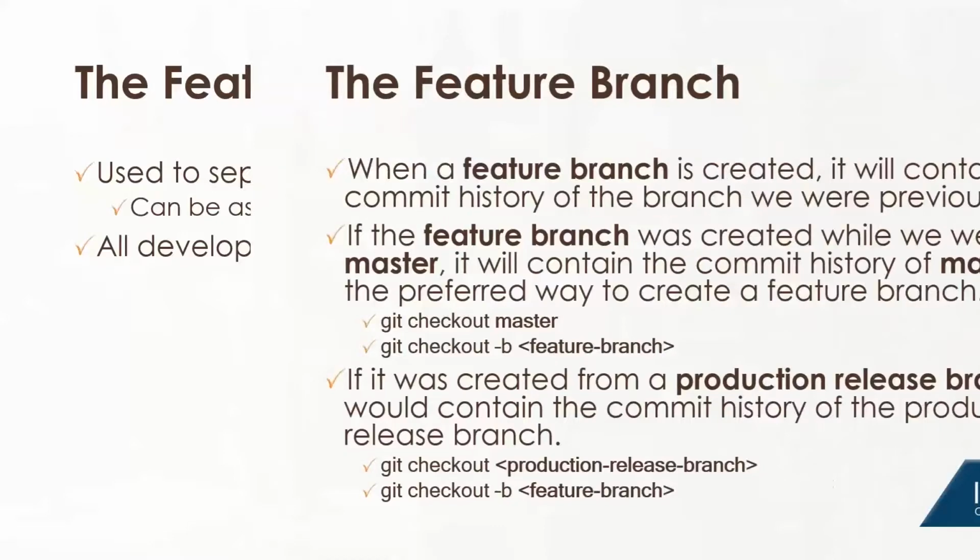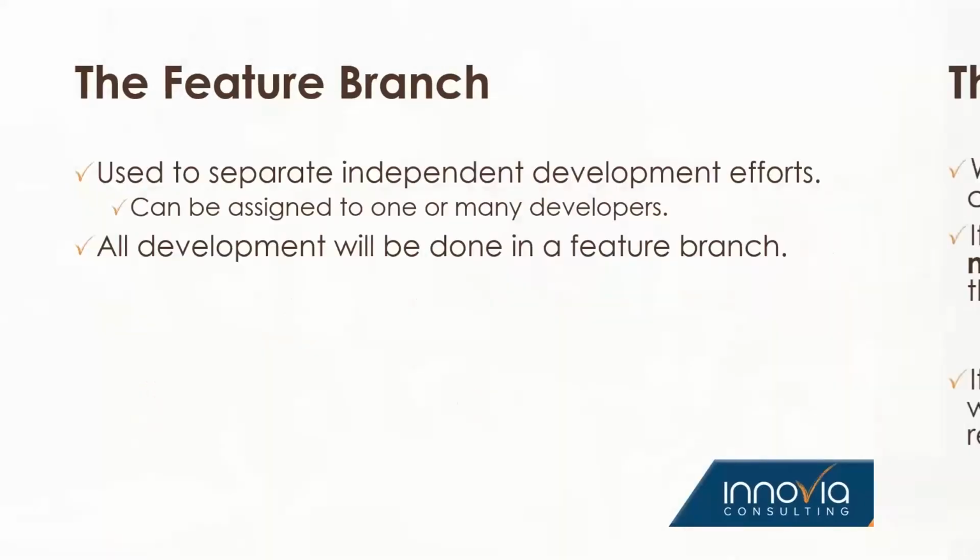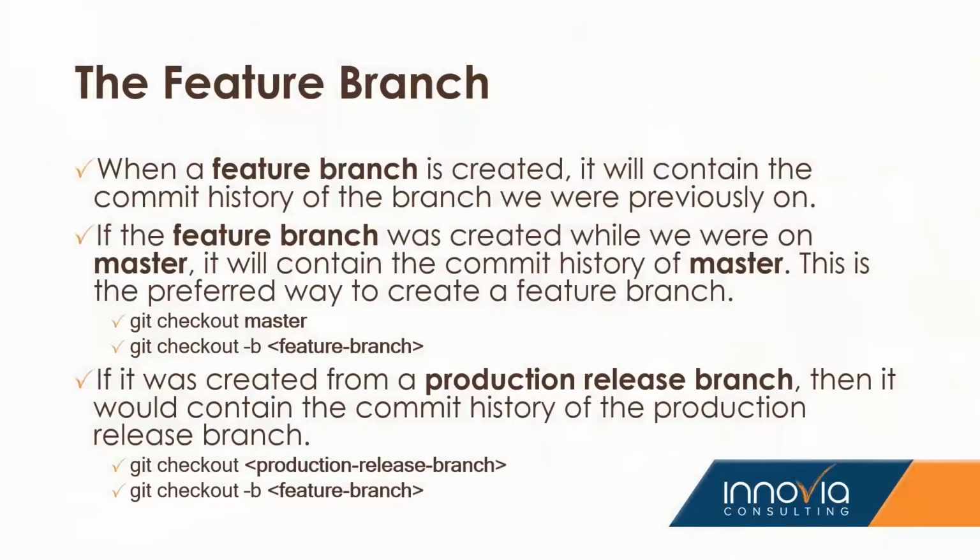So remember that all development will be done on a feature branch, and you'll want to separate your development in between feature branches, and you can choose how to do that as the developer, but we'll see in the demo how I do it.